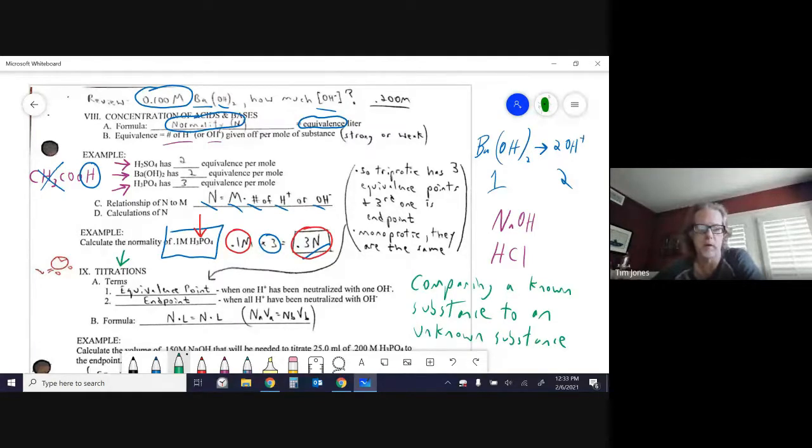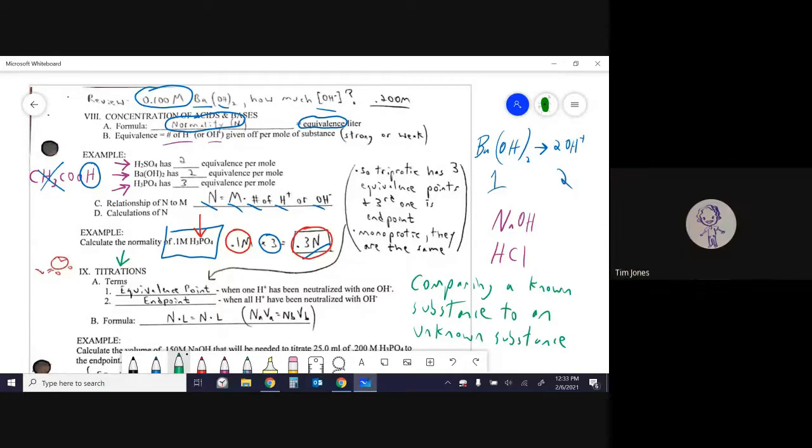A classic version of titration is to compare an acid or base that you don't know the concentration of to the opposite acid or base that you do know the concentration of. And you can figure some stuff out that way. And we'll be doing that.